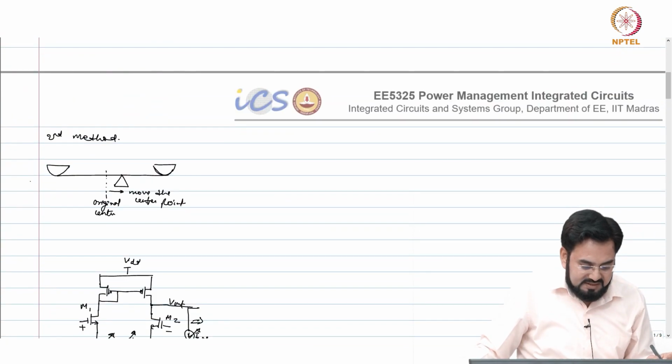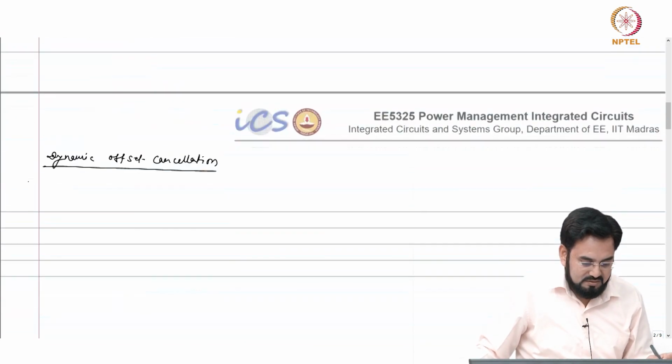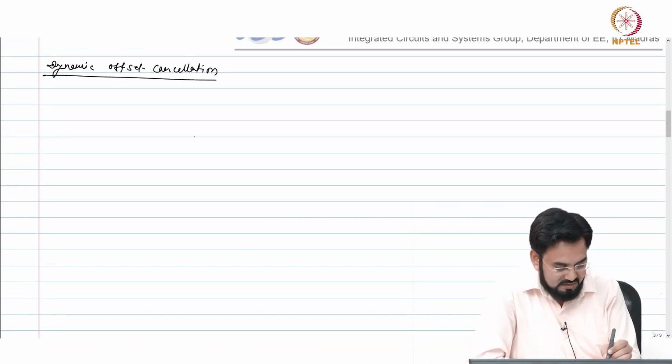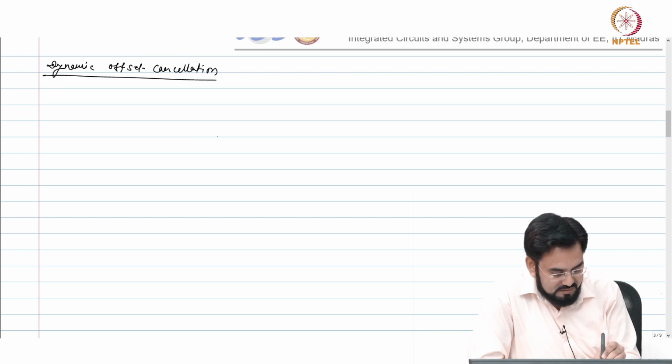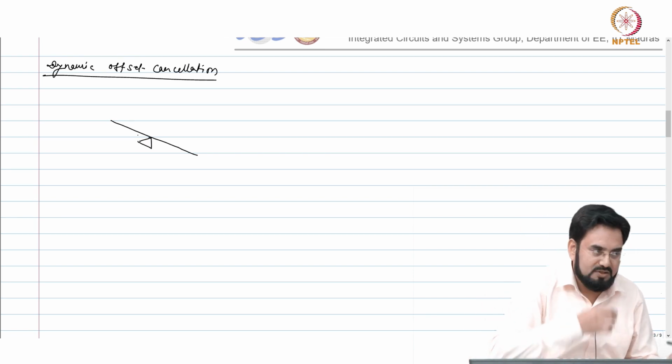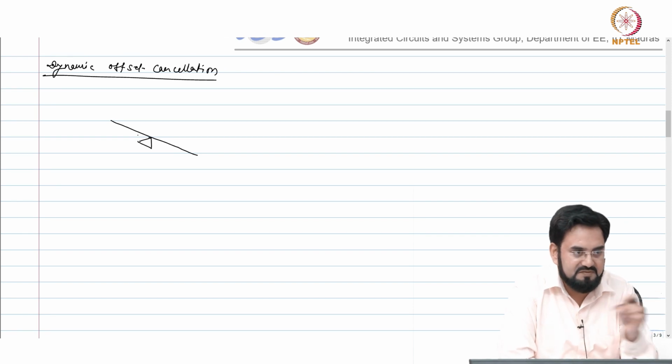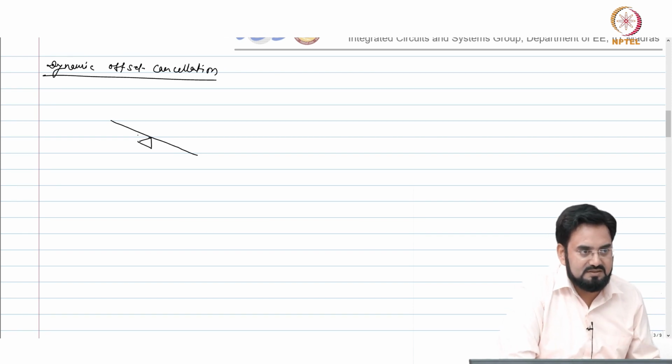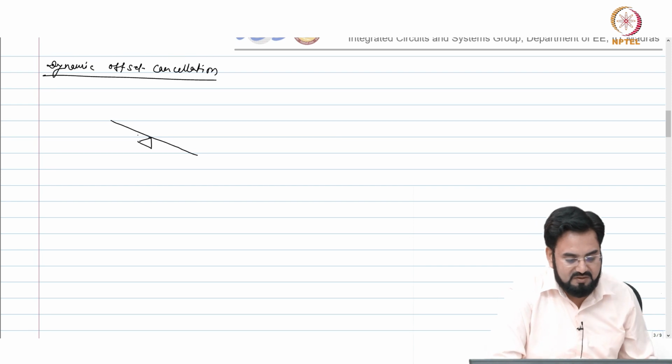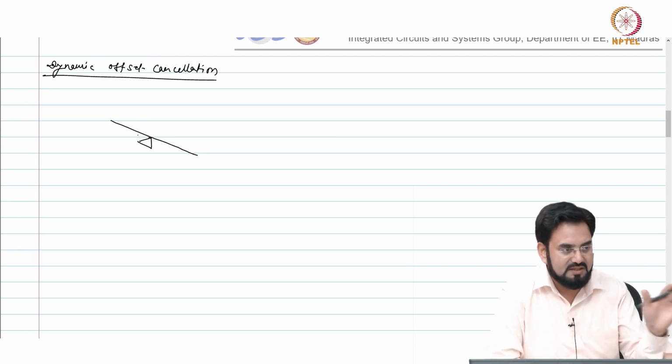Okay, so we'll take the same example, your balance. We know my balance was faulty. Now go back to the original. You don't shift the center, because shifting the center means you have corrected. Since we are using dynamic offset cancellation, we will not do the correction.